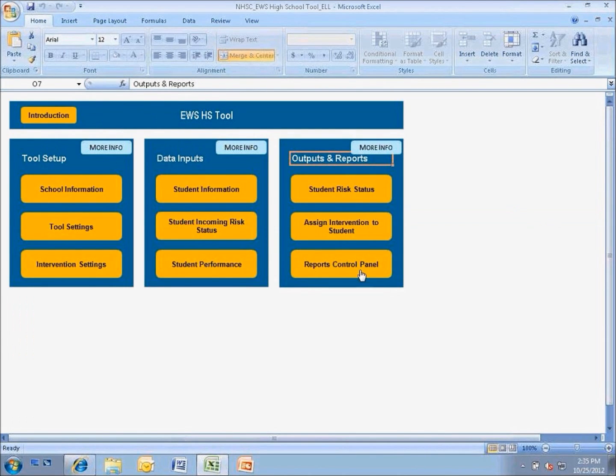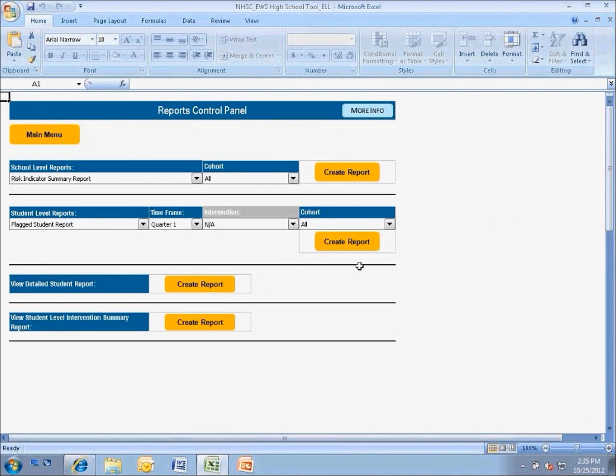And now once you've gone into this process of breaking out data into manageable pieces, you can move on to step 4 of the implementation process, which is to interpret the early warning system data, which you do by using both data in the early warning system tool and also outside sources, which we're going to discuss.